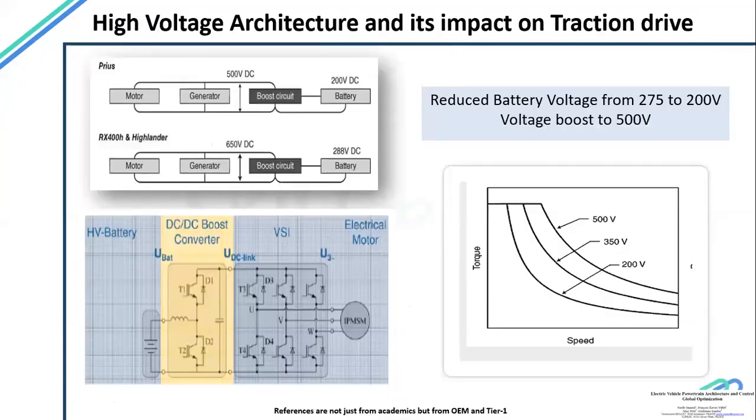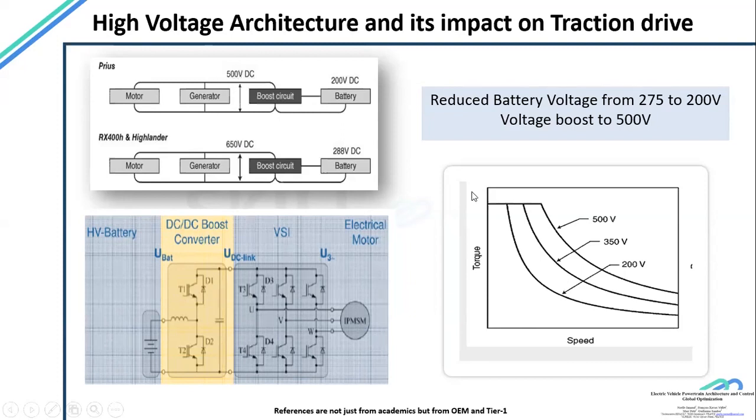Then another element to consider for machine design is what kind of VDC or DC bus voltage we have and how we are getting it. Many high voltage architectures have a boost circuit, that is, a bidirectional DC-DC boost converter. That may not necessarily be in each OEM's design. For example, Prius introduced this, which drastically reduces the battery terminal voltage to say 200 volt, and we can still have VDC at 500 volt.